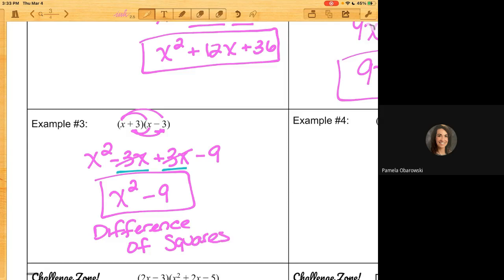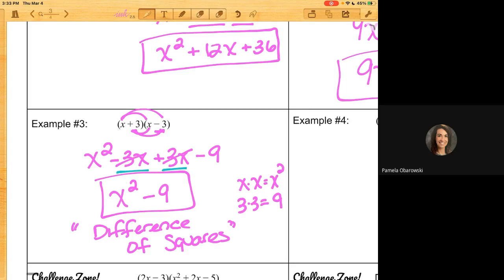It's called a difference of squares because x squared is a perfect square, meaning x times x is x squared, and 9 is a perfect square. 3 times 3 is 9. So this quadratic binomial is what we call a difference of squares. And again, this is a topic that we're going to come back to after the break.